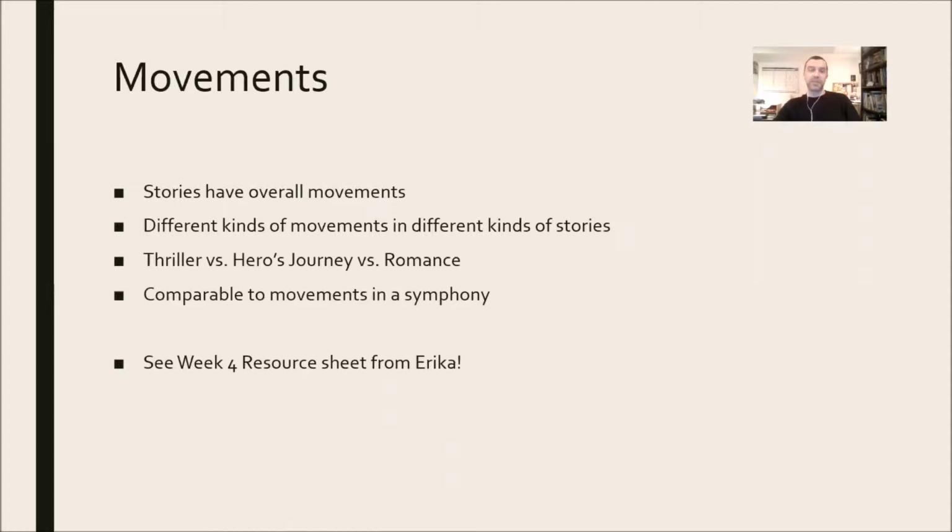So stories may start from a place of goodness and move to a place of ill fortune and then return to a place of goodness at the end. This is probably the most common kind of story that you're going to see, but overall, every story, no matter how it varies, is going to have some kind of movement, things that happen overall, the changes that take place throughout the story to make it a story.